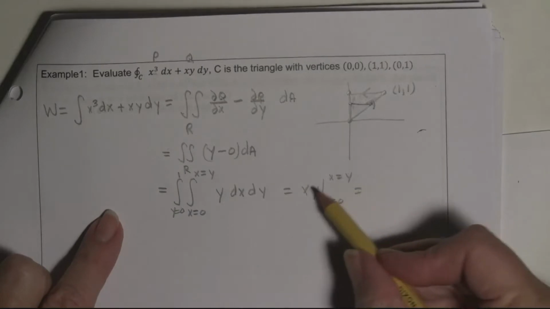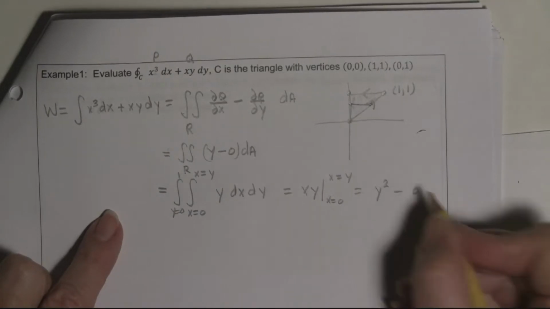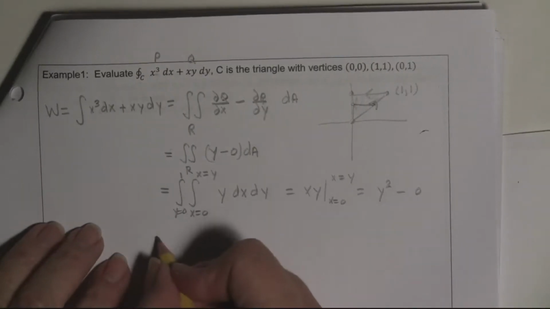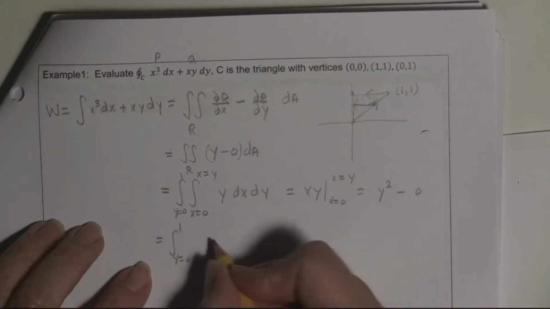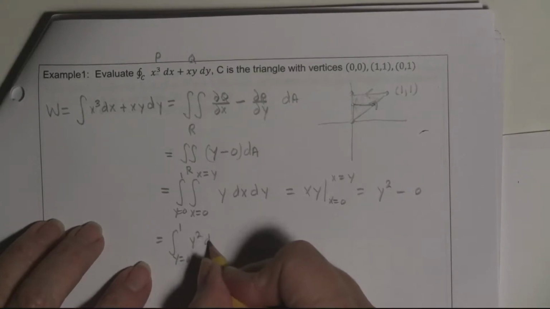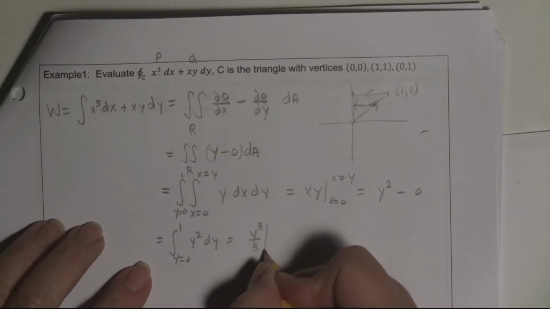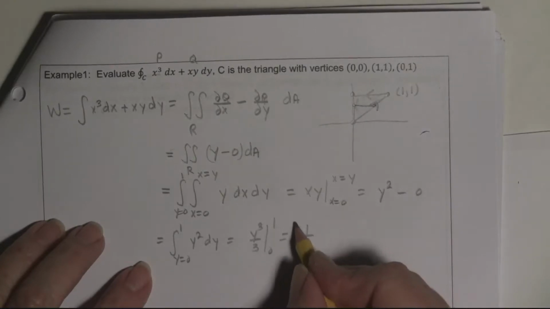And so when I plug in for x, I'm going to get y squared minus 0. And then I want to make sure that I integrate that. So then that's going to be from y equals 0 to 1 of y squared dy, which is y cubed over 3 from 0 to 1, which is 1/3.